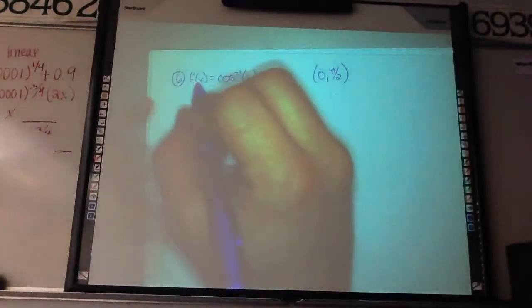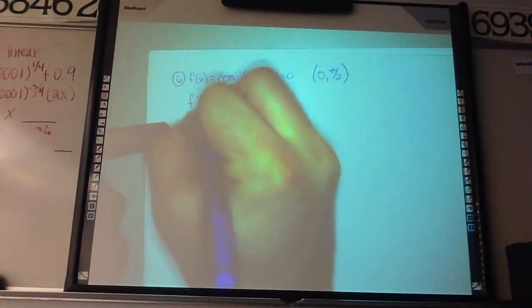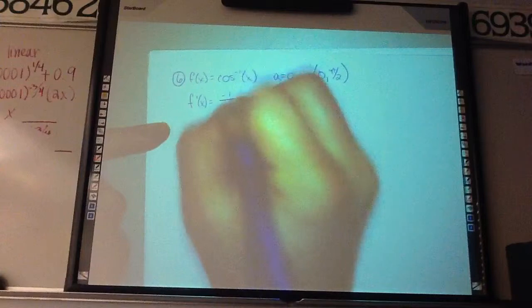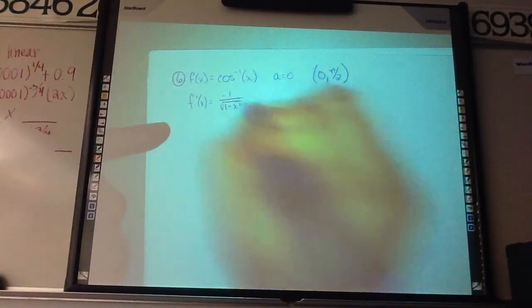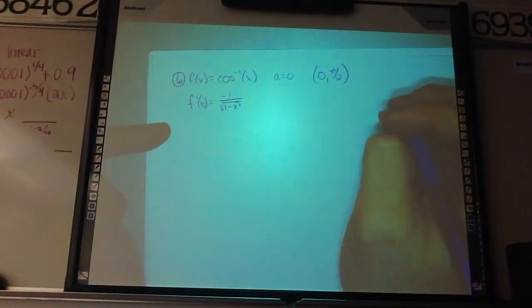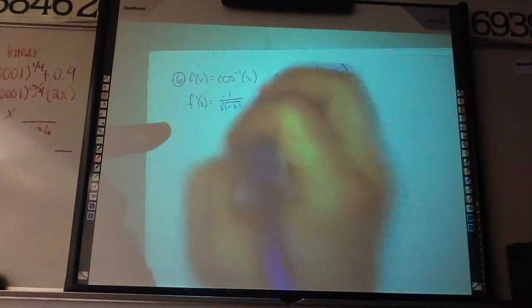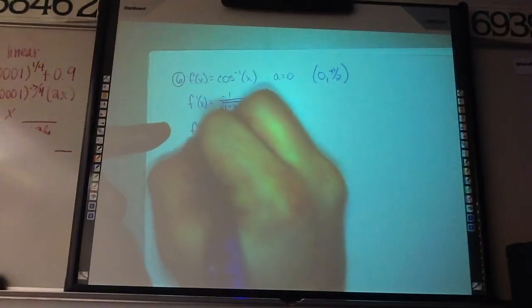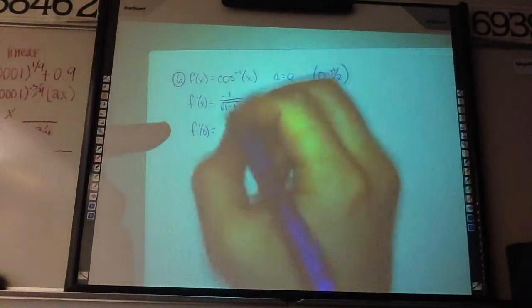And then the derivative, you remember the derivative of the inverse cosine? Yeah, -1 over the square root of 1 minus x squared. I had to look that up. Yeah, me too. But I knew it after I wrote it down. So you plug in 0 for x and you get -1.